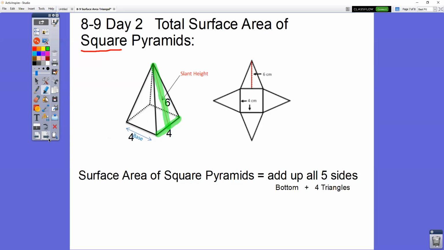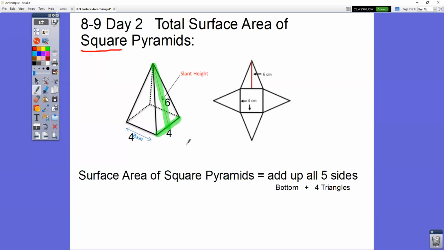So when we take a look at the total surface area of square pyramids, you're going to add up five different numbers. Well, they might not always be different because the four triangles are the same, but you're going to add together five numbers. You have your bottom square plus your four triangles. And remember, all four of those triangles are exactly the same.